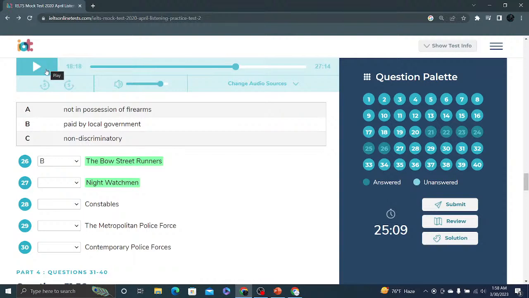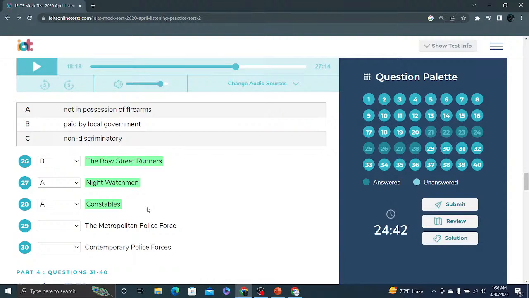Okay, so the answer for questions 27 and 28 would be option A. These are similar answers. As she was saying, male householders were chosen for the job of watchman or constable, working by rotation or appointment.